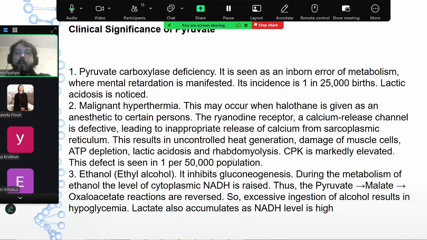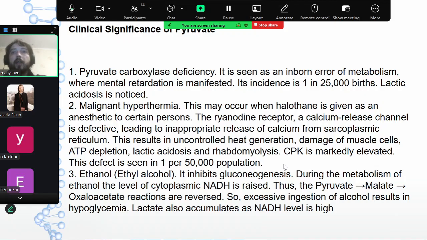Hyperthermia. This may occur when halothane is given as an anesthetic to certain persons. The ryanodine receptor, a calcium release channel, is defective. It leads to inappropriate release of calcium from sarcoplasmic reticulum. These result in uncontrolled heat generation and damage to muscle cells.